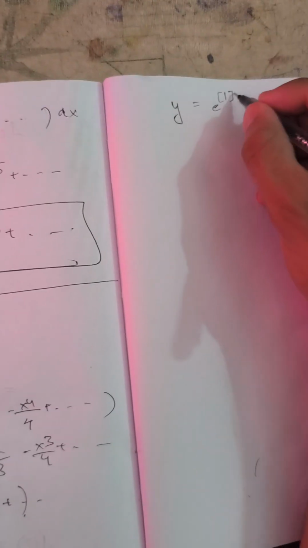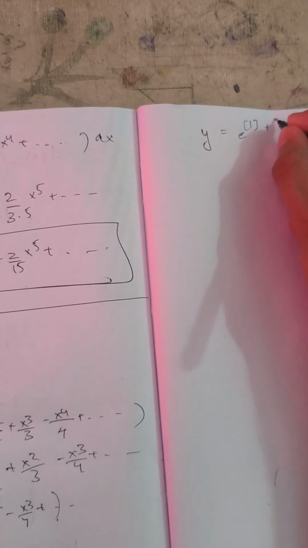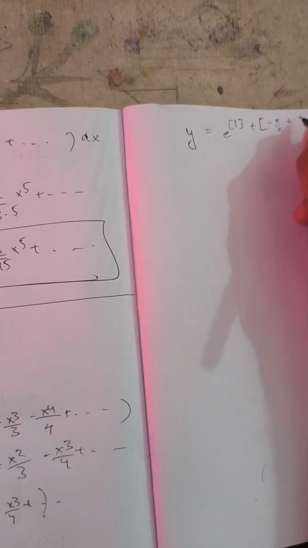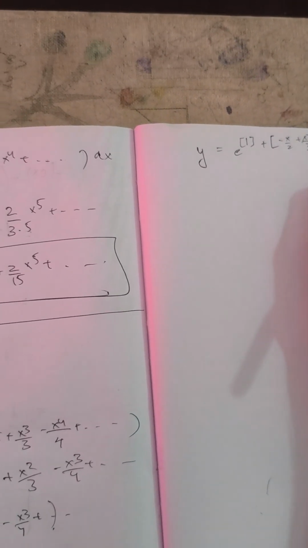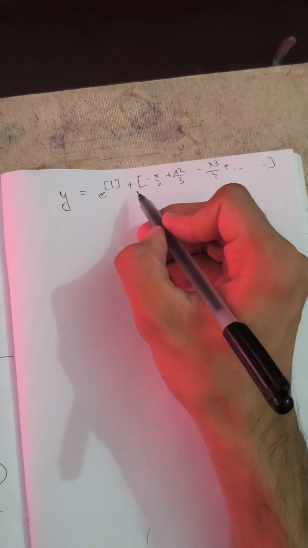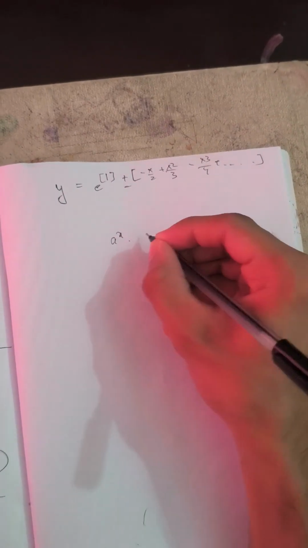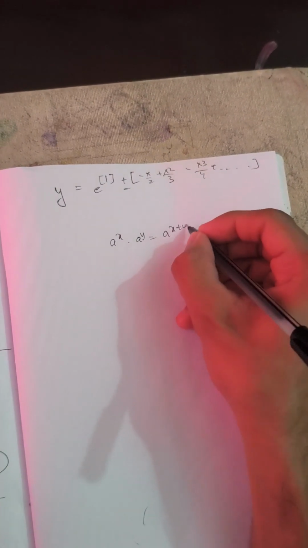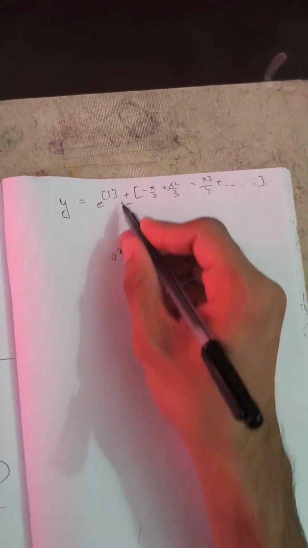And then, this is a general bracket, plus the bracket minus x by 2 plus x squared by 3 minus x raised to 3 by 4 plus so on and so forth, like this. So we know that a raised to x into a raised to y is equal to a raised to x plus y. So I'm going to reverse this here.